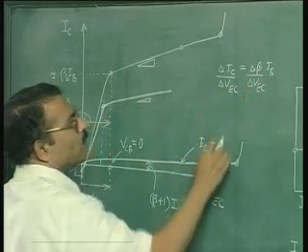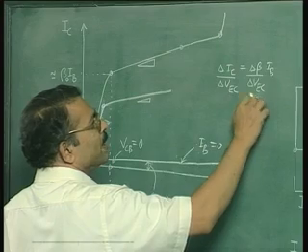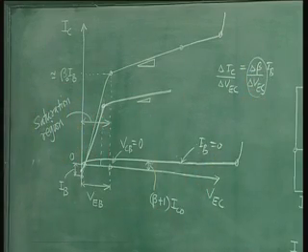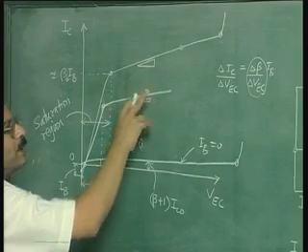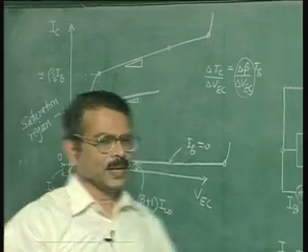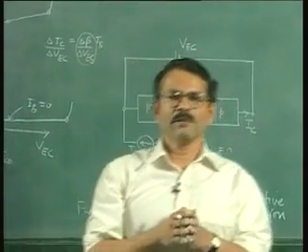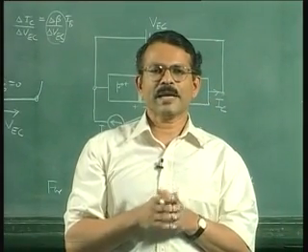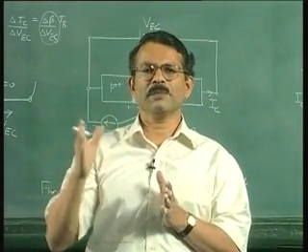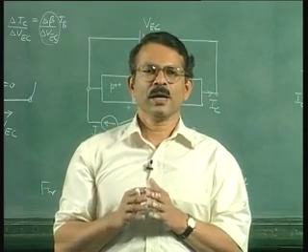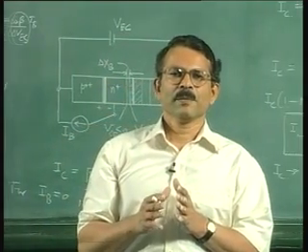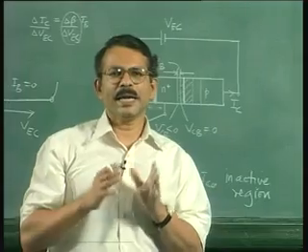And delta beta by delta VEC will not be very different for these two cases, because when we estimated the delta beta, if you recall, we wrote down the fact that beta is equal to beta naught into 1 by 1 minus delta xb by wb naught. Now in entire calculation the IB didn't enter into the picture.